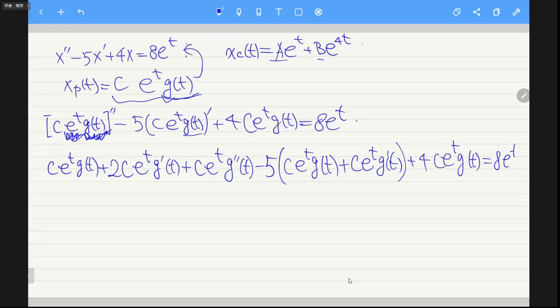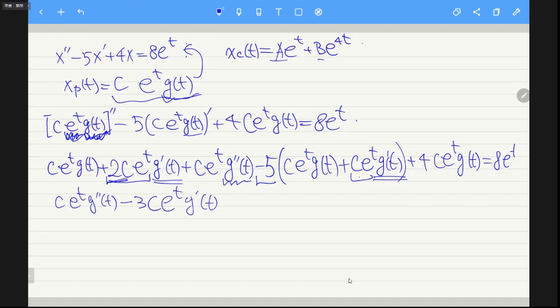Okay, so we can collect the similar terms. We have c exponential to t g double prime of t. Then for the first derivative, we have 2c and minus 5c, so we have minus 3c exponential to t g prime of t. Next, for the original function g of t, you can see this is plus 1c, this is minus 5c, this is plus 4c, so all of them cancel each other.